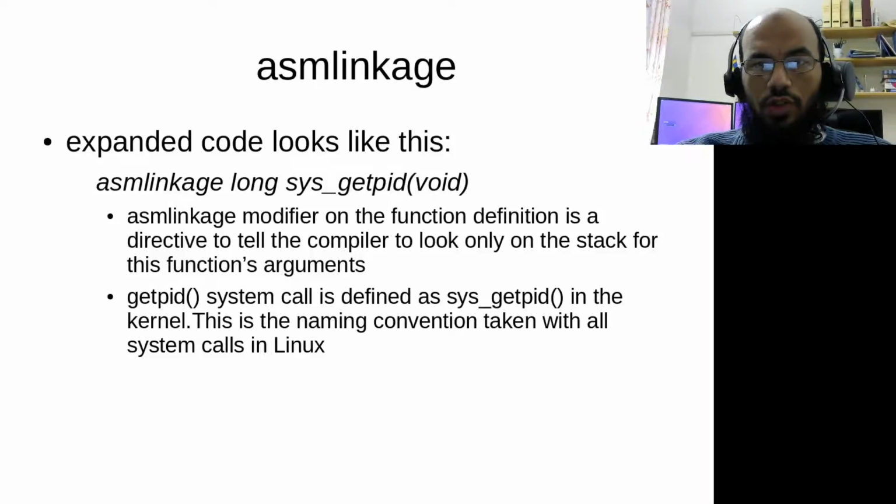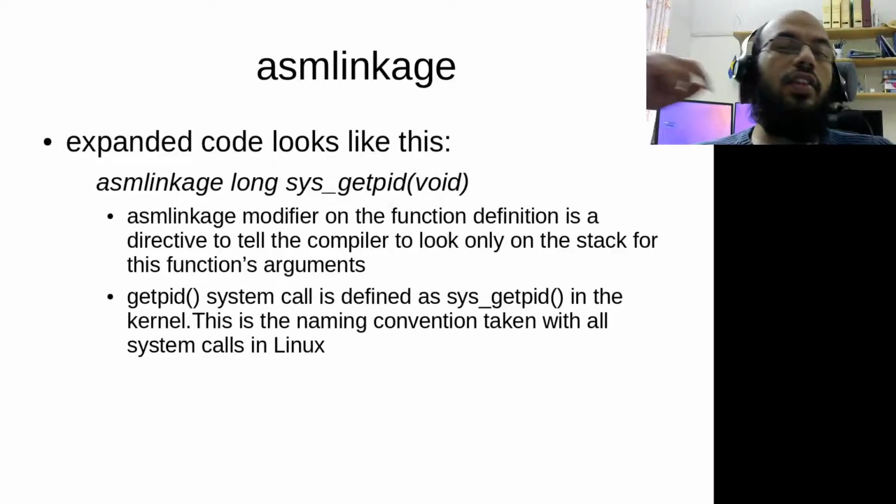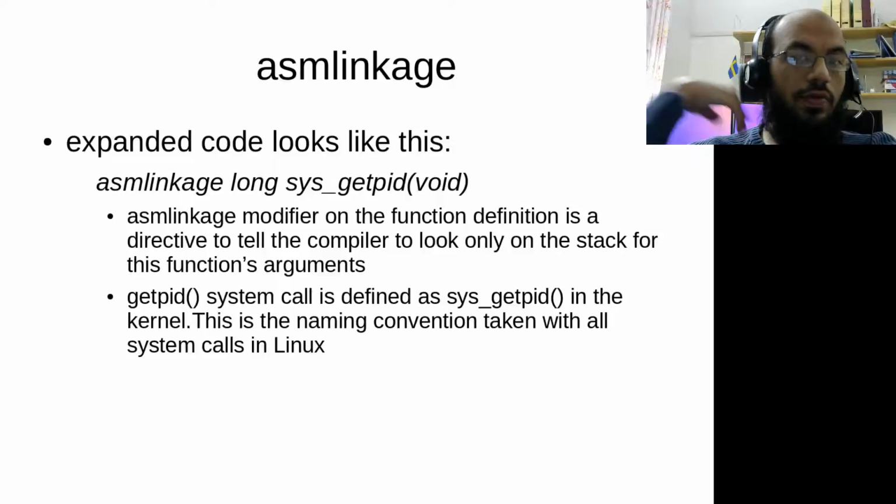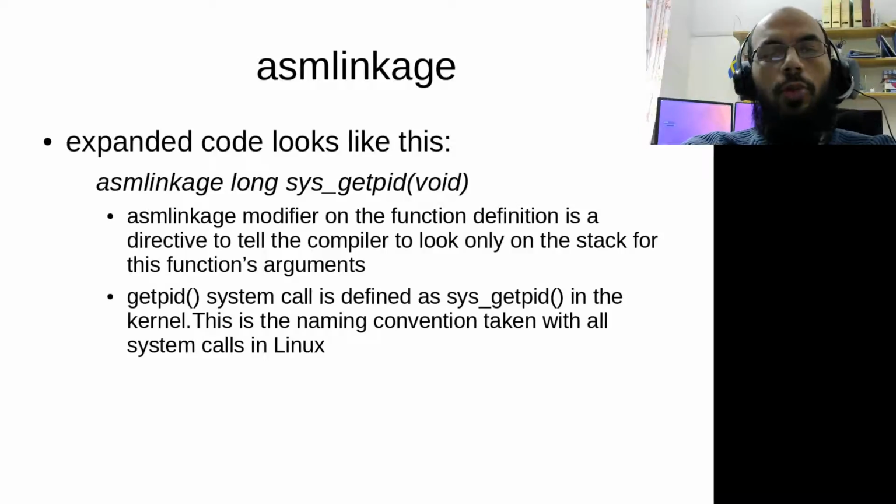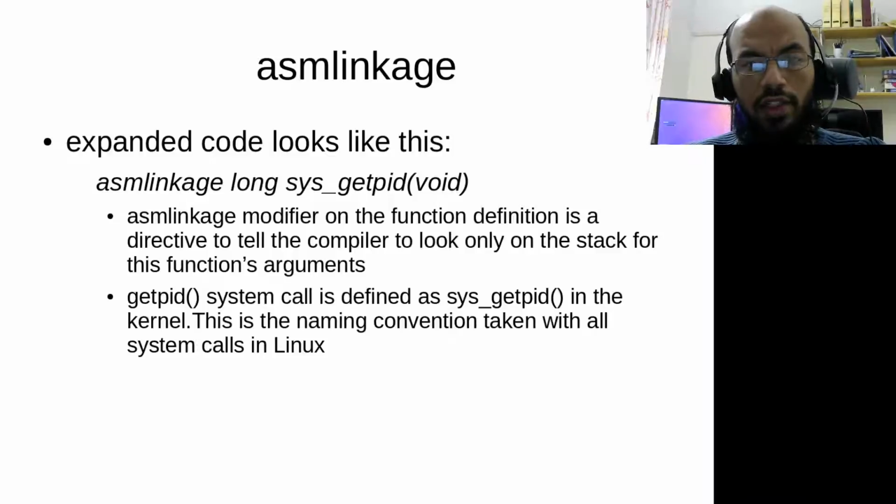So now that we have looked at the macro to define one of the syscalls, you also need to expand the code definition in another file that we're going to talk about later, as follows. You have to define your syscall using asmlinkage, which is the modifier, and then long, which is your return type.